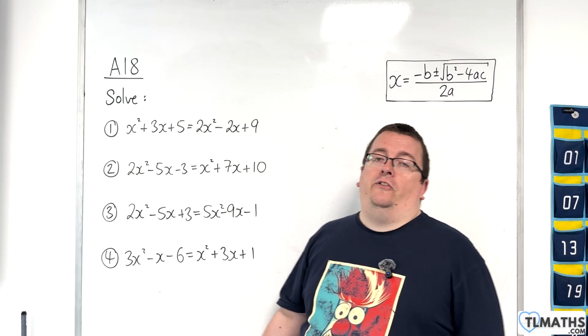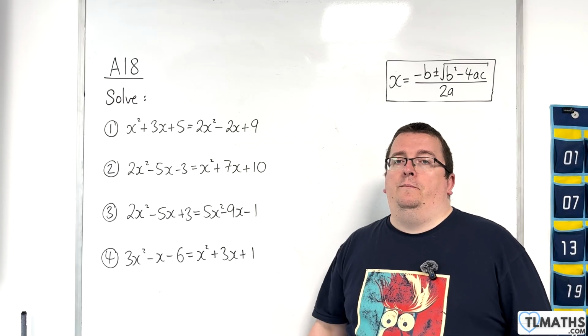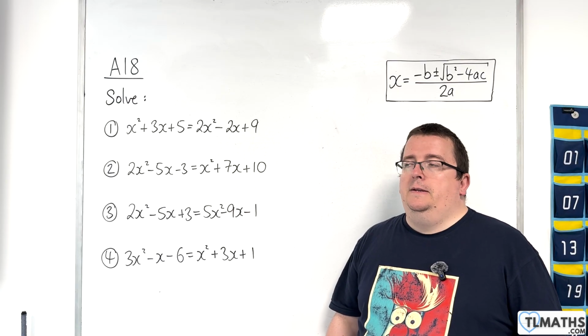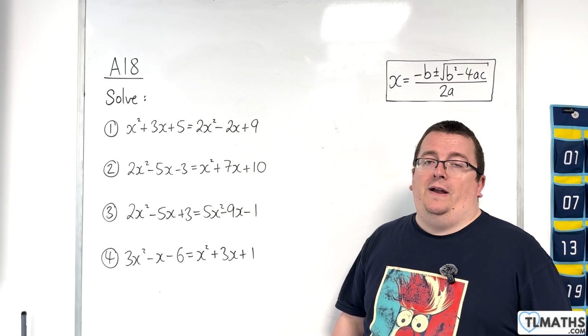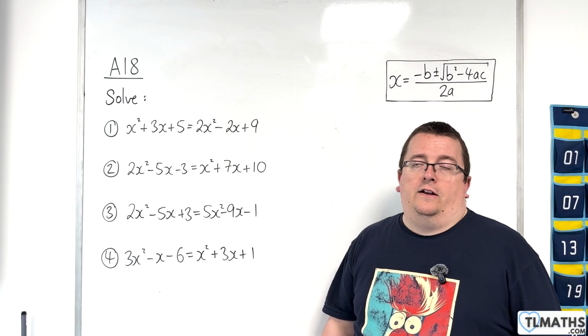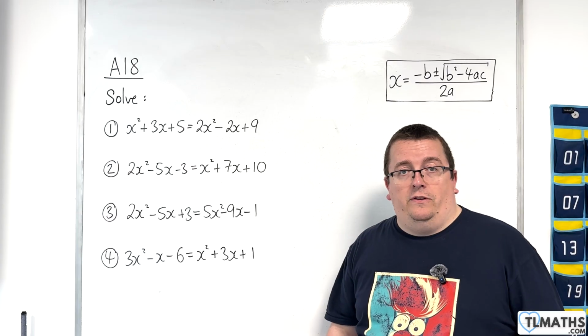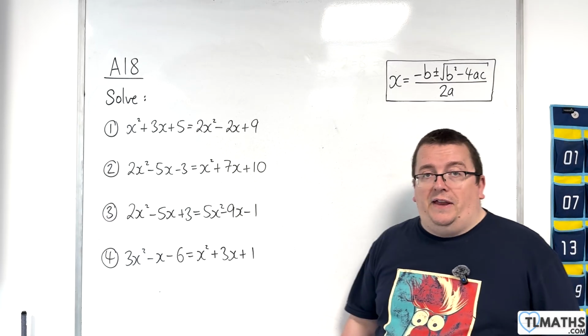So if it's got 2x squared plus other stuff, I usually don't bother. The reason is, unless I've been told to factorise, there are easier ways, because I could go through the factorising process and then find out that it doesn't factorise. That feels like a bit of a redundant step to me.